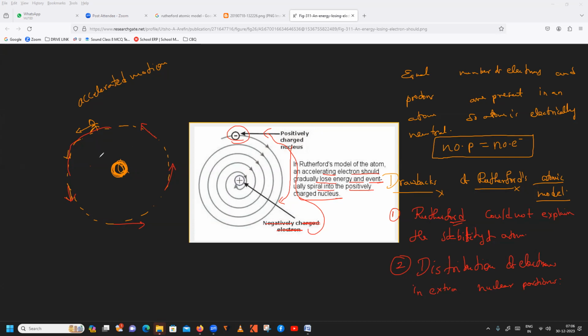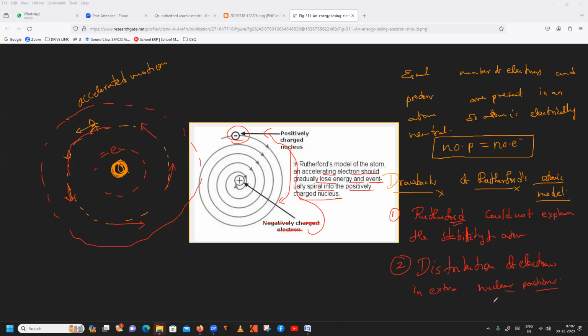Simply he said electrons are revolving around the nucleus, but how they are distributed, he could not explain. Many orbits are there, so in which orbit, how many? It is not explained by Mr. Rutherford. Later only Niels Bohr explained that. That is Bohr's atomic model, which we will study in the next class.